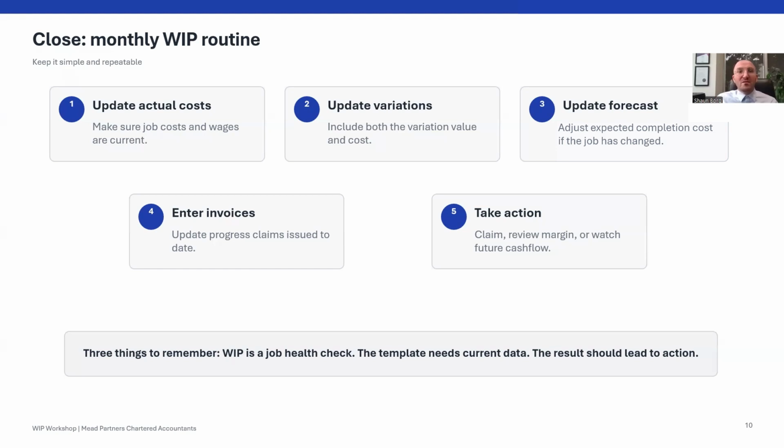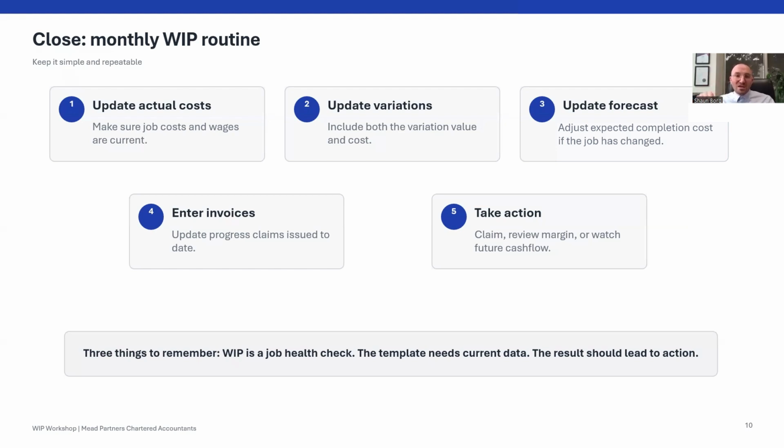Oh, wait, one more. Can WIP show if a job is losing margin? So yeah, in the template, we've got our forecasted in the blue area. Just after we enter the direct costs, we've got our forecasted percentages or budget.